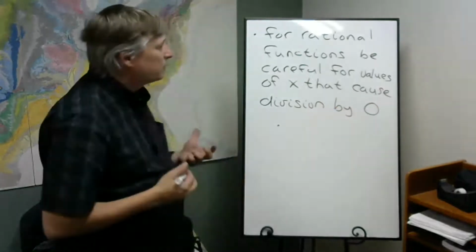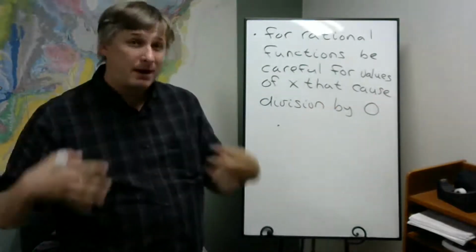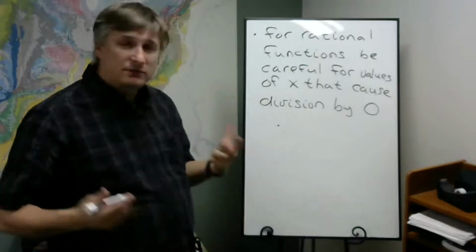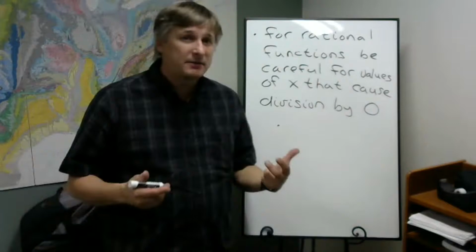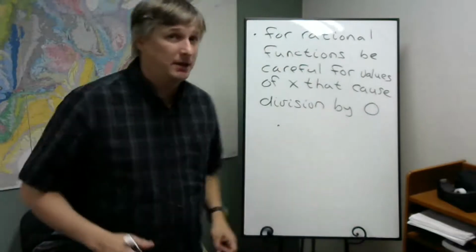So you want to be careful for values of x that are going to cause the polynomial on the bottom of the rational function to be 0. And these values of x that cause that polynomial, those are not in the domain.